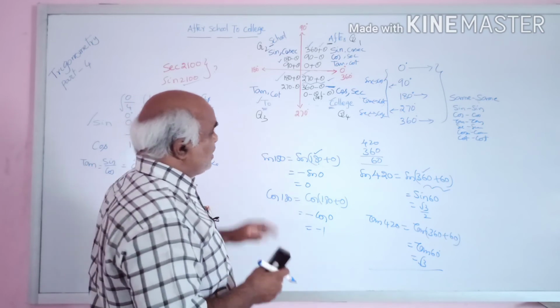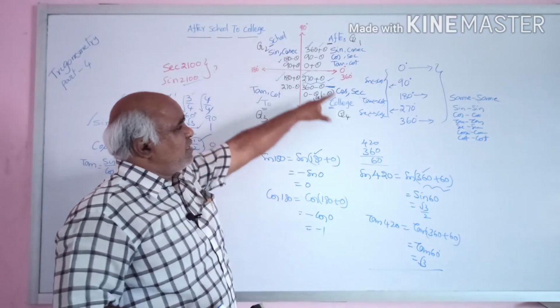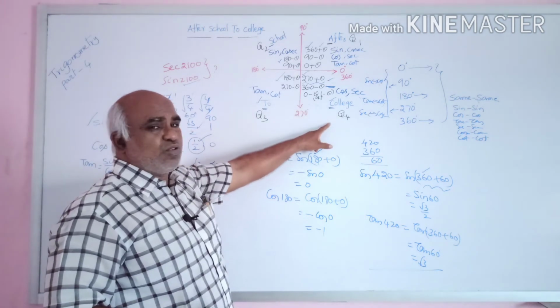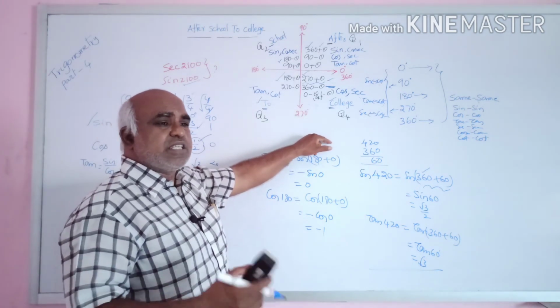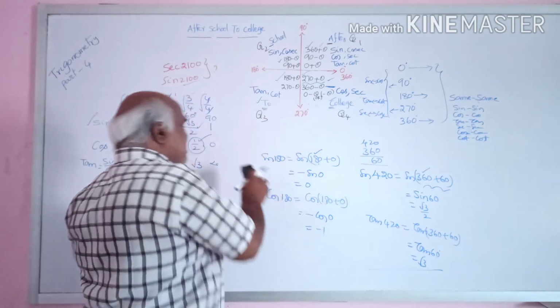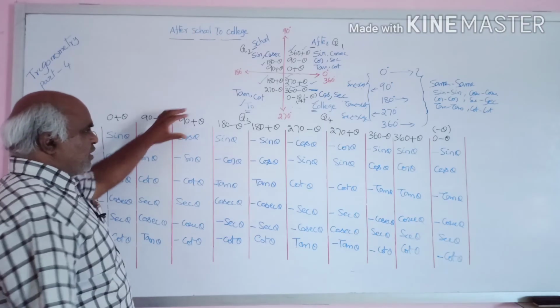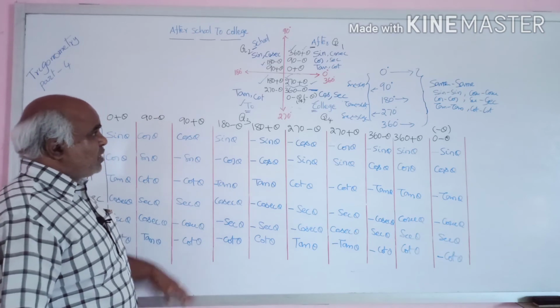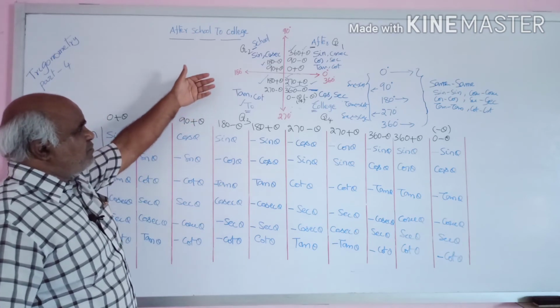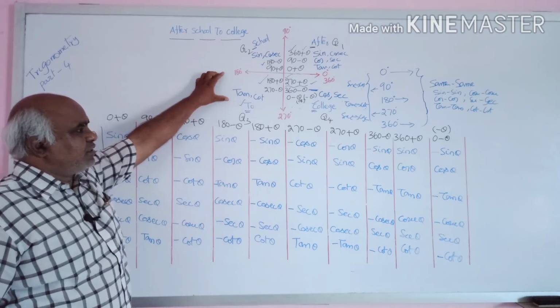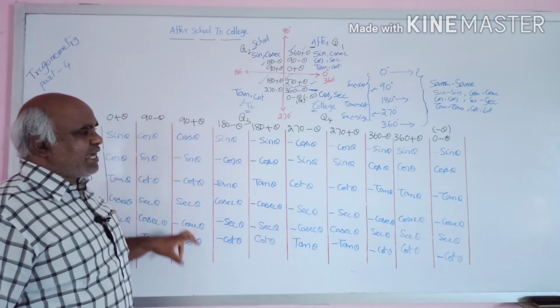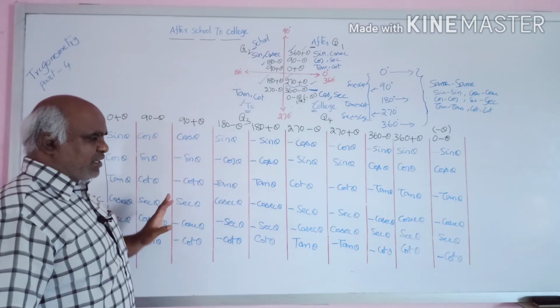Okay. Next, by using this total after school to college, you can write the 60 formulas in a single table. I will do the table finally. Come to this table. How does this shortcut help to find the different angles in the trigonometric ratios?